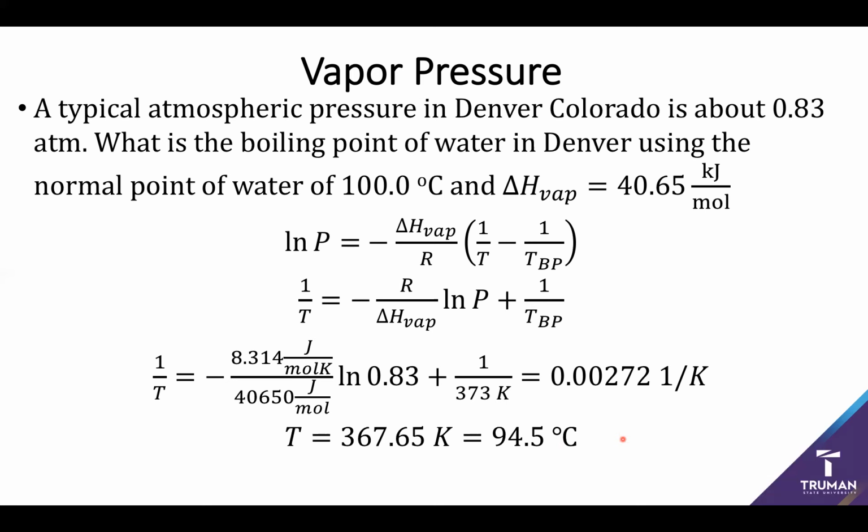And as a result, because water boils much more easily at these high altitudes, they often sell what are called high altitude cookbooks, because you need to change all of the times on your recipes and some other things if you're trying to cook at a very different atmospheric pressure.